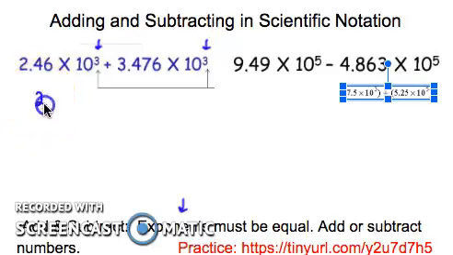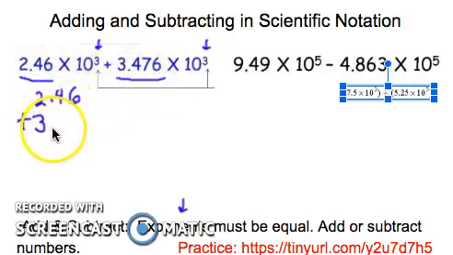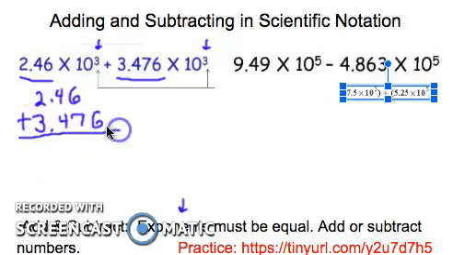You just add the two numbers that have the decimal right after the first number. So the 2.46 you will add to the 3.476, and that creates the first part of the scientifically notated numbers.